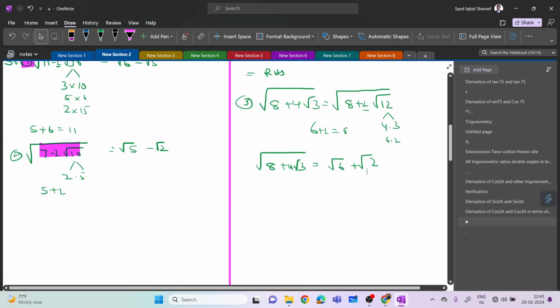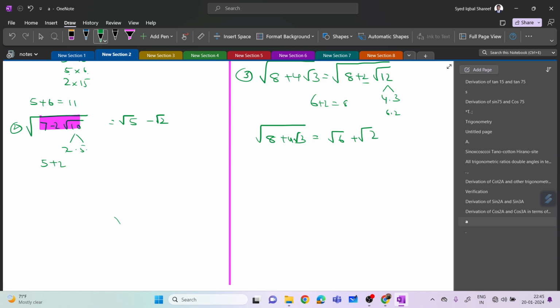Now we have to simplify. What is our left hand side? Complete problem I am writing: 1 by square root of 11 minus 2 root 30, minus 3 divided by square root of 7 minus 2 root 10, minus 4 divided by square root of 8 plus 4 root 3.